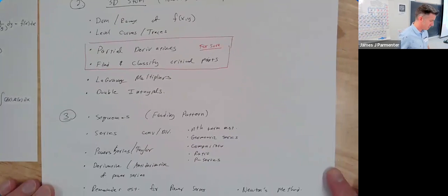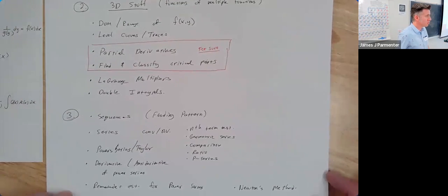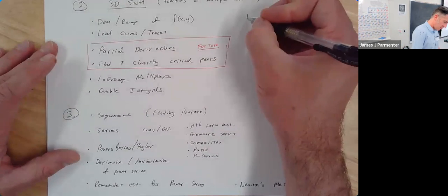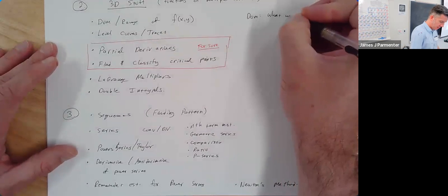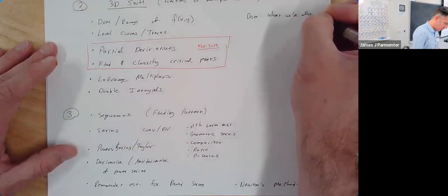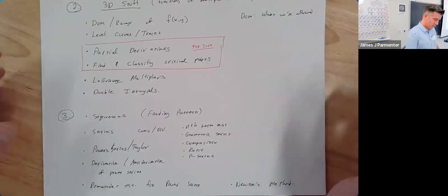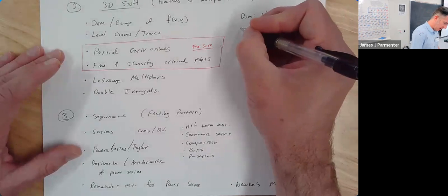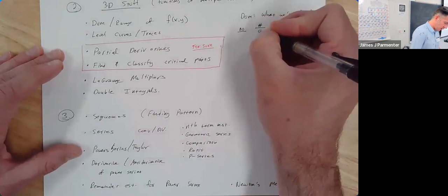I guess they'll start with the 3D stuff, like level curves and domain. Sure. So domain is just what we're allowed to have. Typically you're looking for not dividing by 0, so we can't have something over 0.